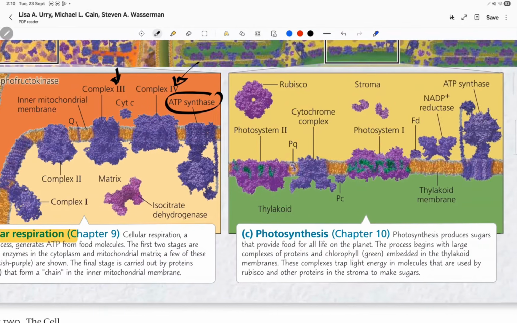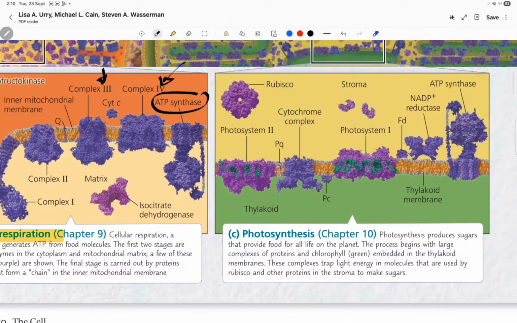And here we have an example of the thylakoid membrane inside the chloroplast, where again multiple enzymes are going to be involved in making the ATP or in taking up light or in transferring the electrons. So ultimately, membranes will be very, very important, whether it's a cell membrane or mitochondrial membrane or chloroplast thylakoid membrane.